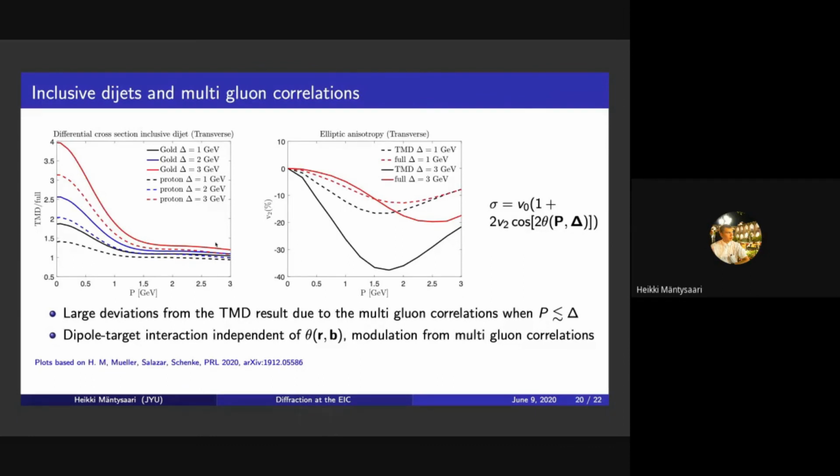What is plotted on the left is the ratio of the cross sections that you get in this TMD limit divided by the full cross section.